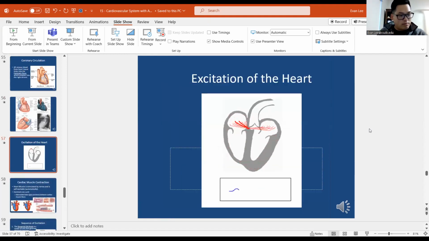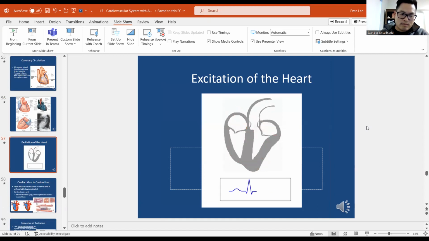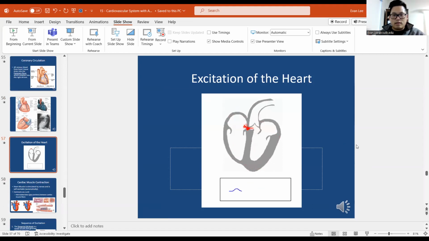Now, one more big system to talk about for the heart is the electrical conduction system. And you might have seen this type of diagram before. This is called an ECG or EKG, which stands for electrocardiogram. Depending on which part of the heart is actually being stimulated, it is going to give you a certain landmark on this tracing.